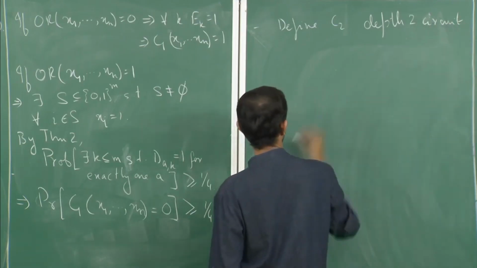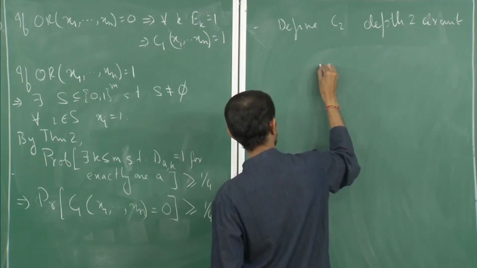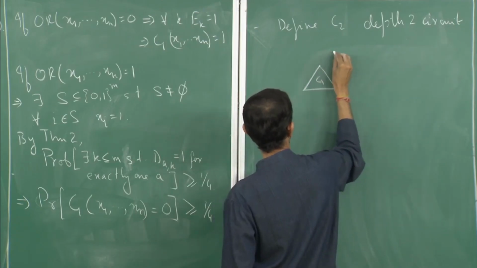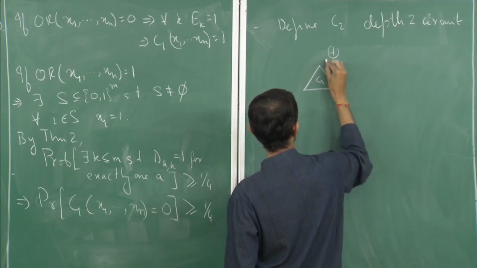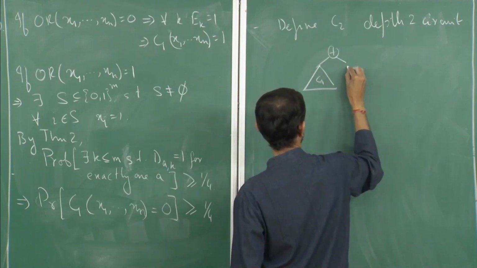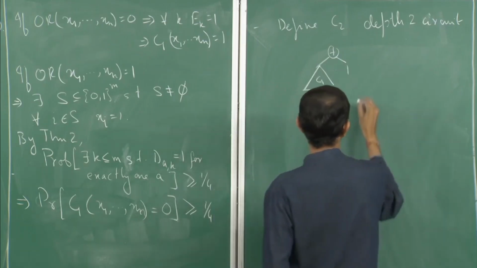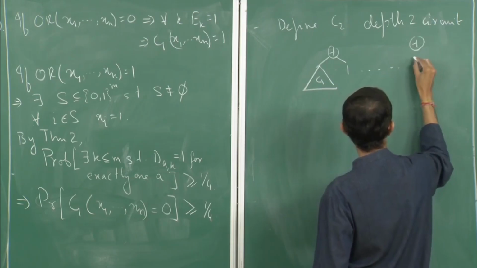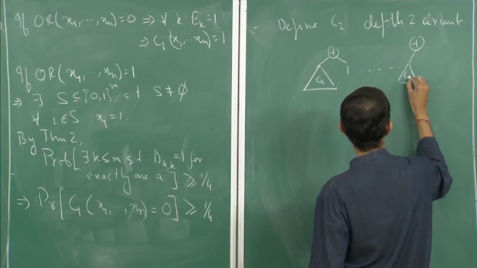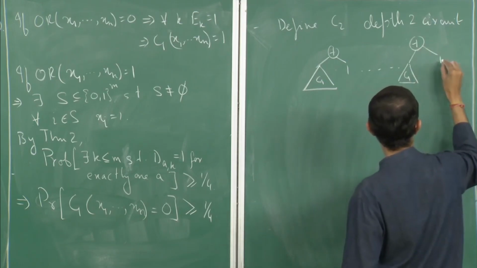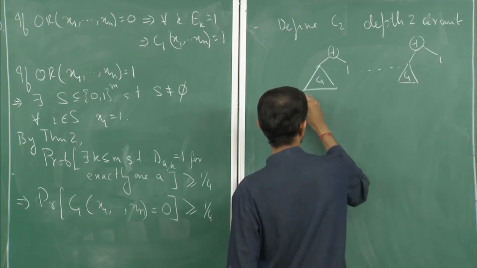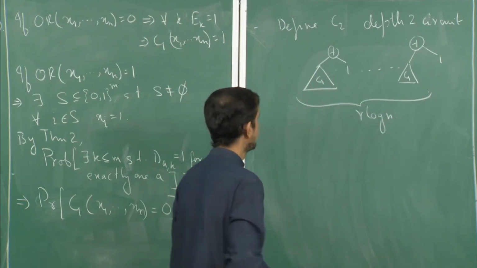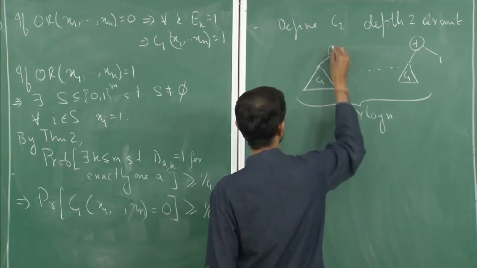It takes C1 with a parity gate at the top, adds one more 1, and takes r log n many copies of it. So, this is my C2.